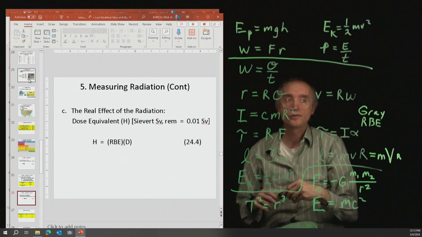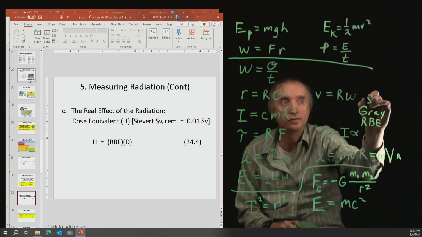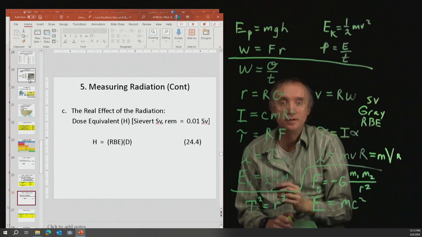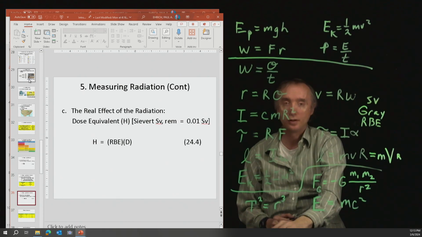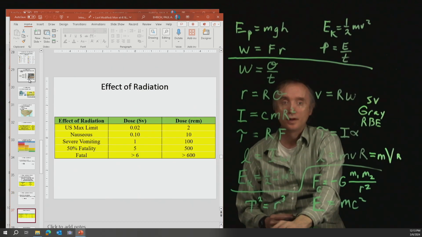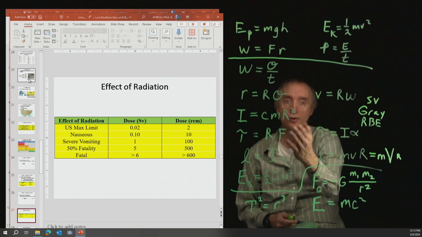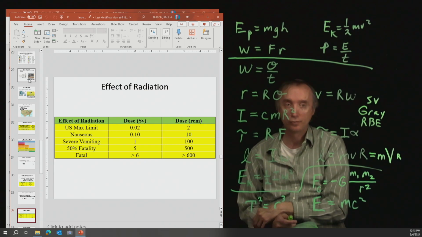And then you should also know what a sievert is. So Sv. Know what the sievert is. And you don't need to know the formula for how to calculate the dose equivalent. Okay, and then if I was to give you a chart like this, I could ask you what would happen if you received 1 sievert of radiation.